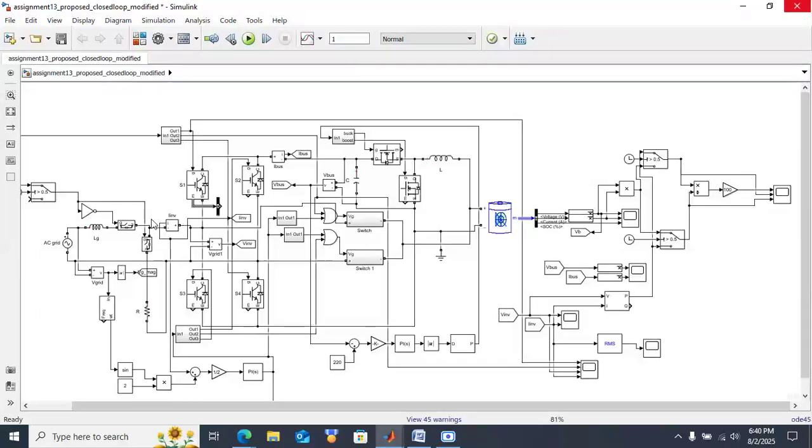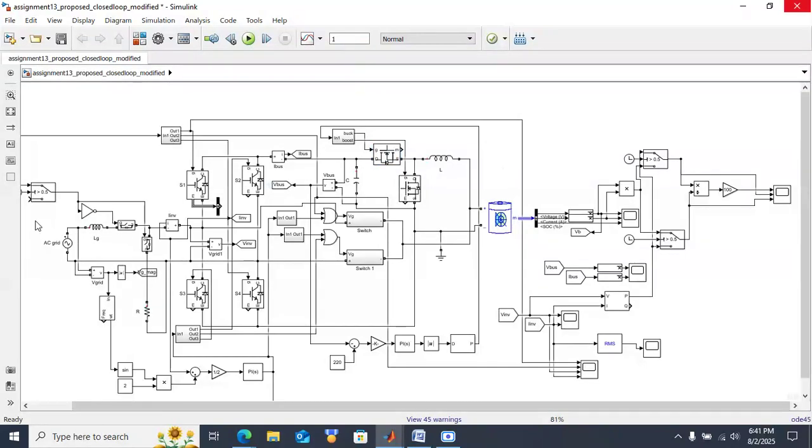From grid to battery, the buck operation takes place. This buck switch will operate, so at that time the battery voltage will be maintained, even though the grid voltage is higher, due to this buck operation.